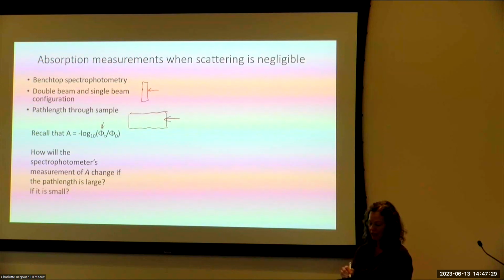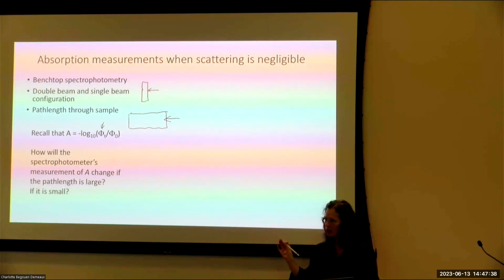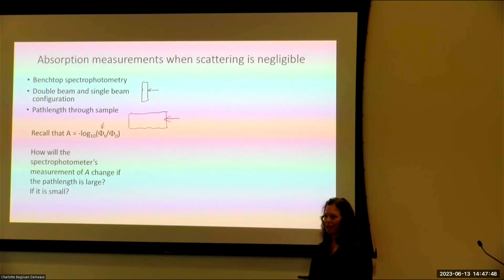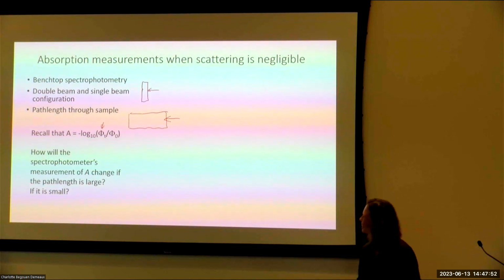It means that the ratio in the parentheses is going to be larger. You find its log 10 is smaller, right? So if you have a short path length, you will have lower absorption. Increase your path length, you'll have higher absorption. This is an annoyance about spectrophotometers. Not really. You just have to do the correction yourself. But this is important to keep in mind.